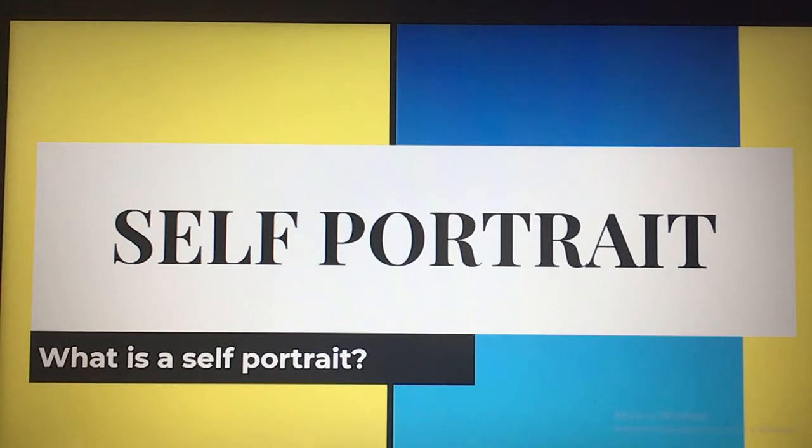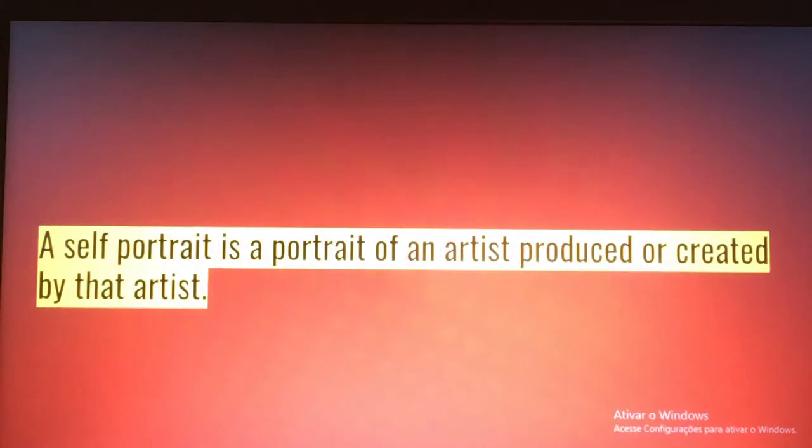Alright, so what is a self-portrait? É uma picture, okay? We have the definition here. A self-portrait is a portrait. Portrait is a photo, a photograph. A self-portrait is a portrait of an artist produced or created by that artist.